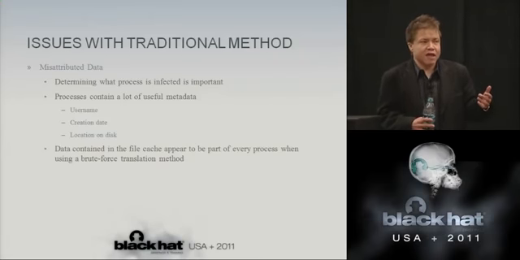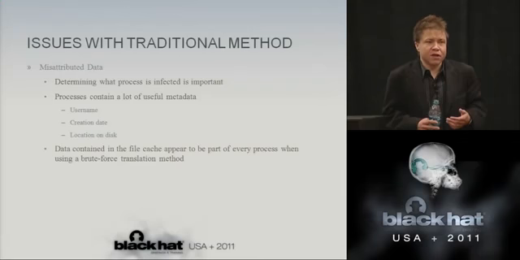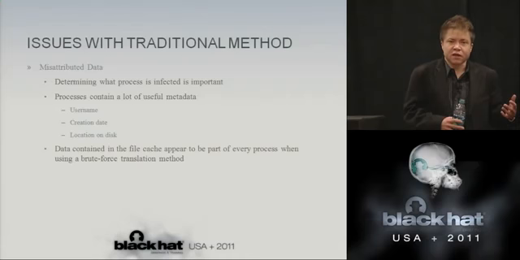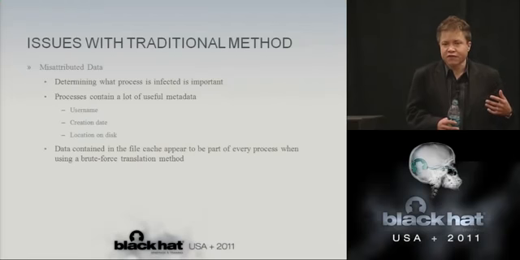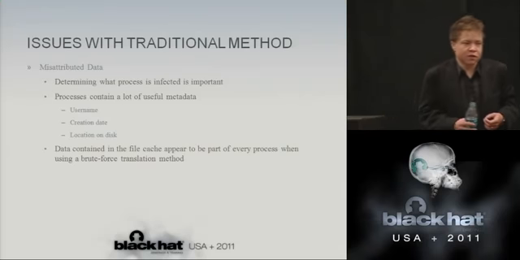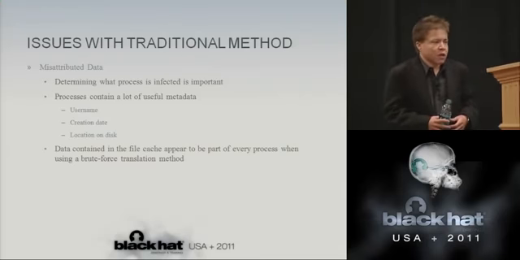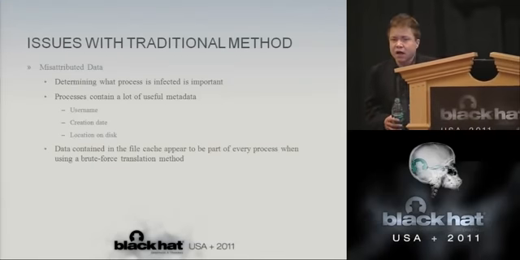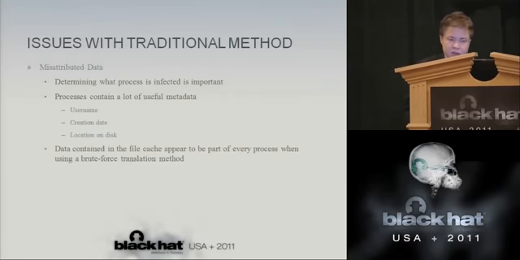Well, that's good data to have because a file system might be 250 gigabytes of hard drive and have over 100,000 files. So if we can start narrowing down on which ones to focus on, that's useful. Well, if we can't attribute the data to the correct process, then that's a problem.